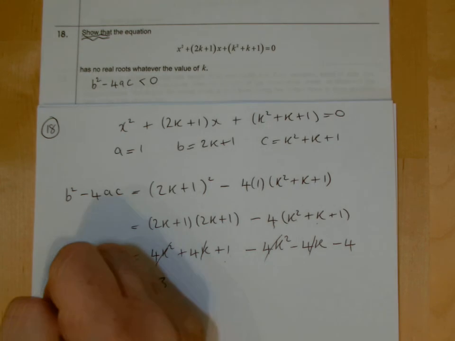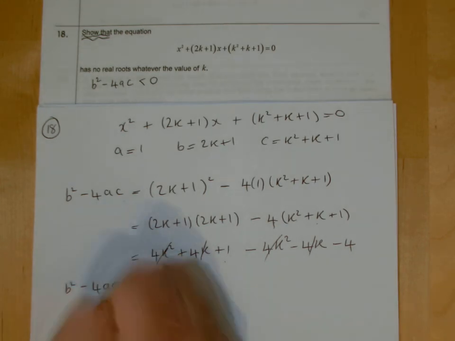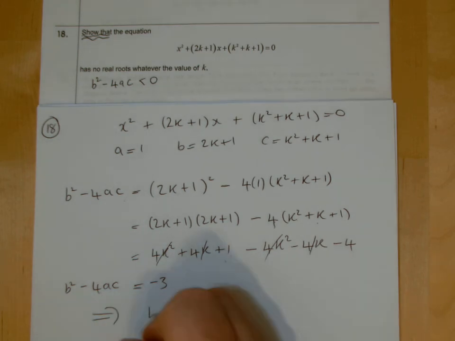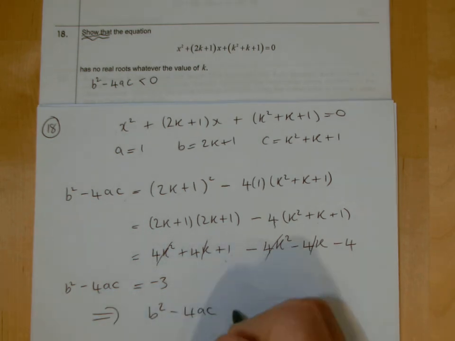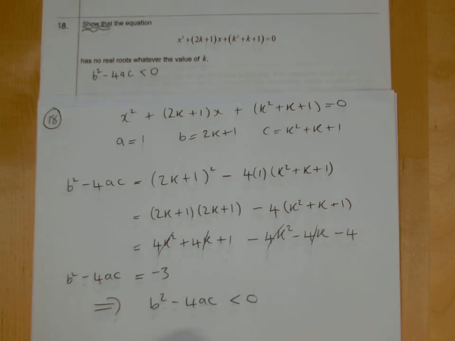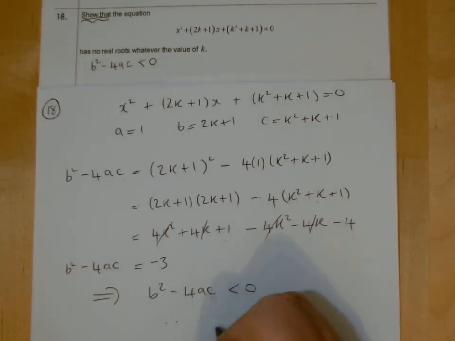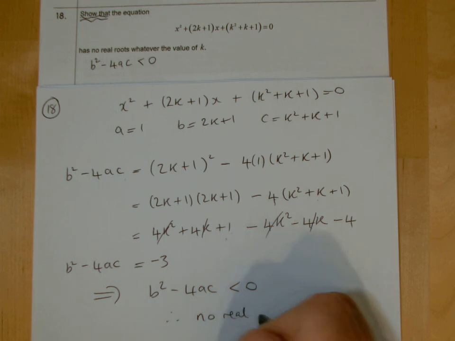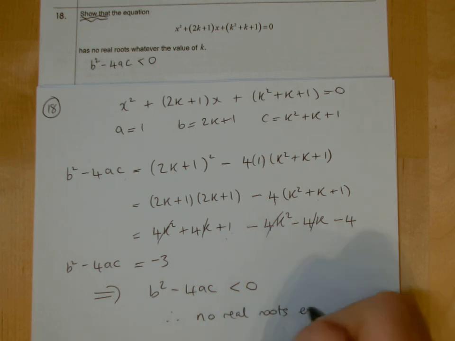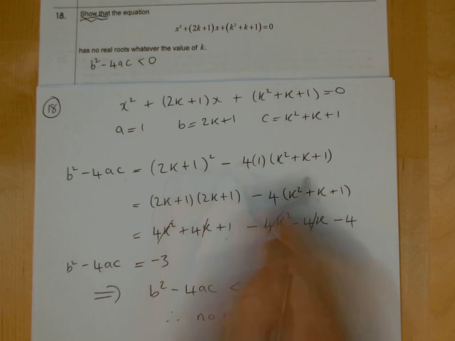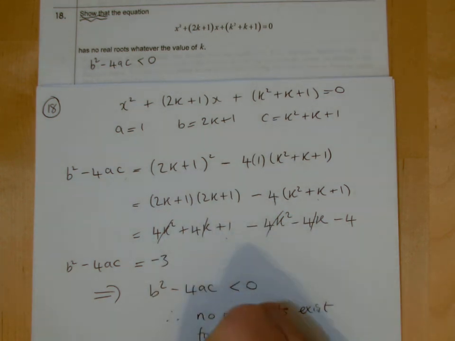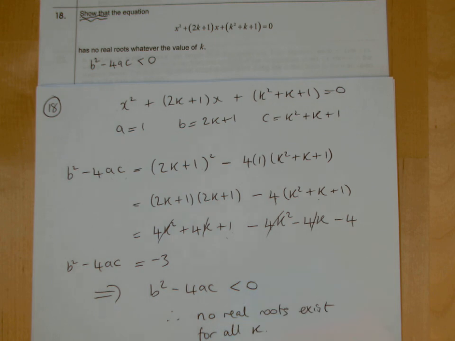So we've shown, look, b squared minus 4ac is minus 3, which proves that b squared minus 4ac is negative. Therefore, we've shown, haven't we, now, because it's negative, no real roots exist, regardless of what k is, because the k's just cancel out when we work this out, okay? For all k. Job done.